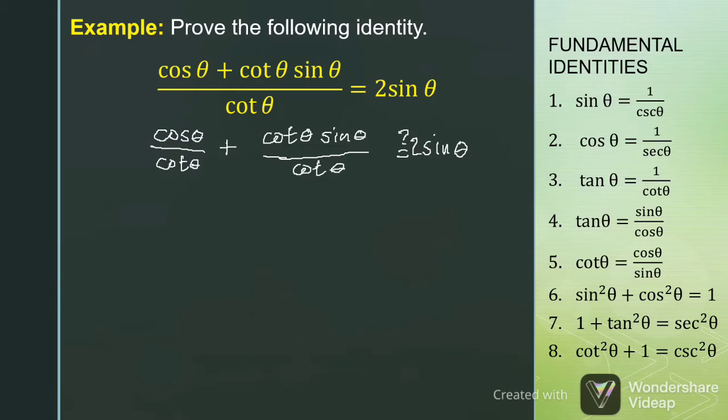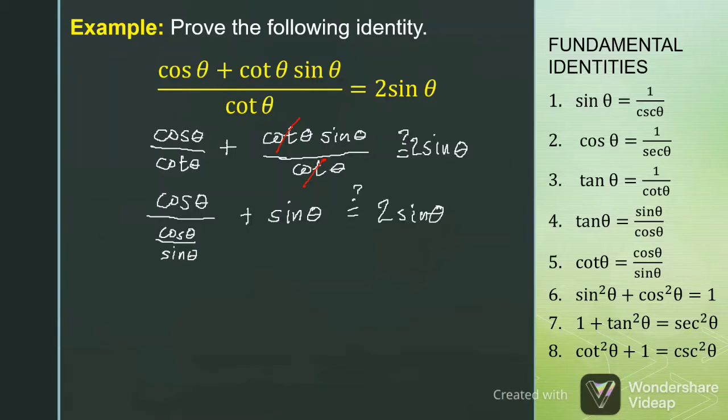Okay, let us see. So we can now cancel cotangent theta, and we know that cotangent theta in the denominator is the same, using the fifth identity, as cosine theta divided by sine theta, plus sine theta. Okay, so 2 sine theta.